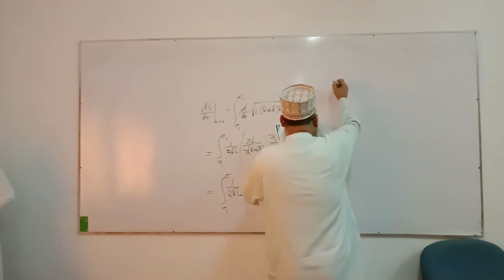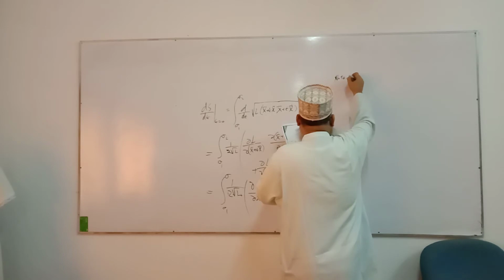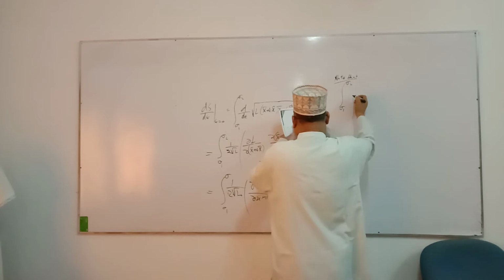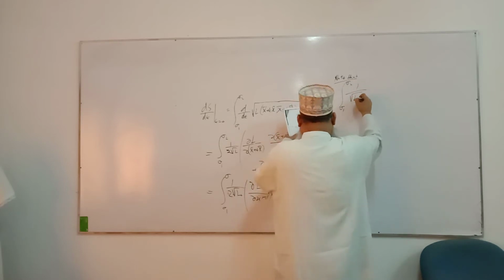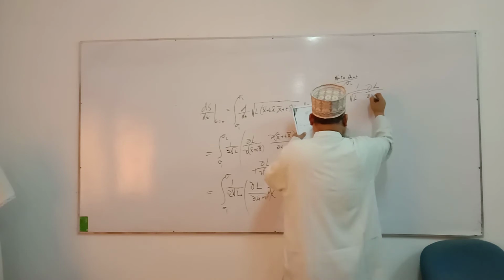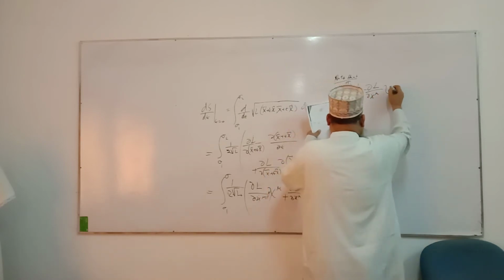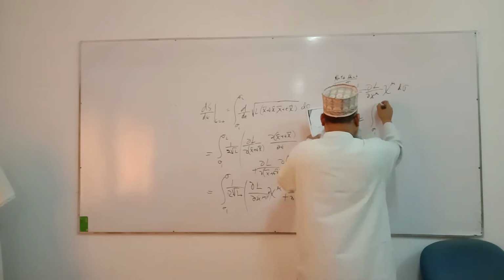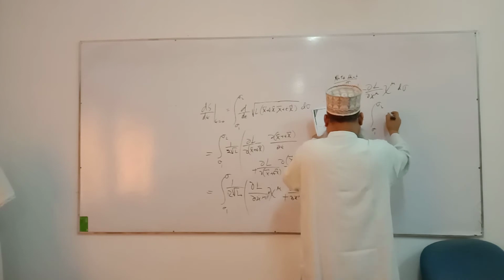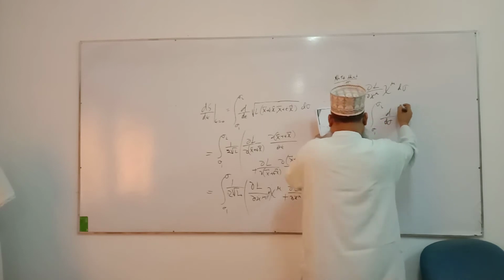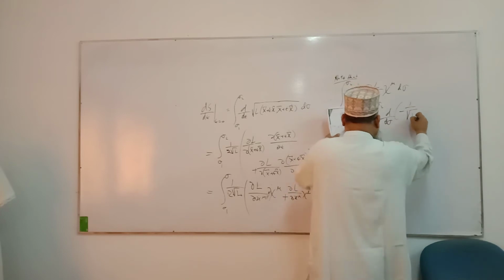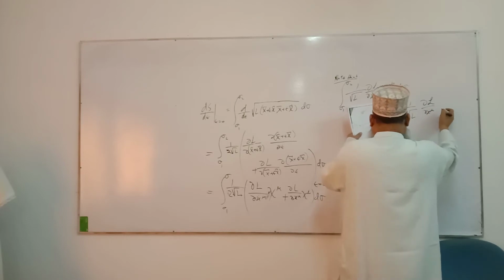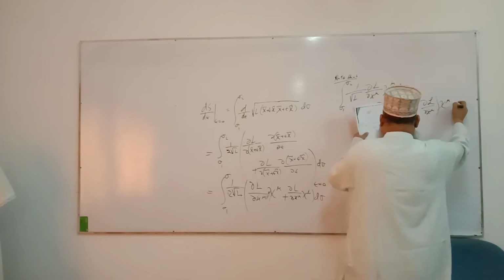Note that the integration from sigma 1 to sigma 2 of 1 by square root of L, del L by del x dot mu, chi dot mu d sigma is equal to the integration from sigma 1 to sigma 2 of d sigma, minus d by d sigma of 1 by square root of L del L by del x dot mu, chi mu d sigma.